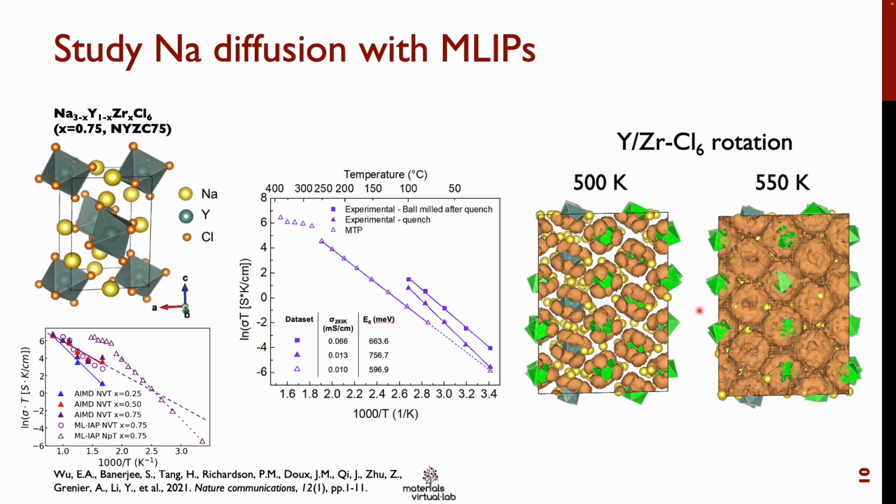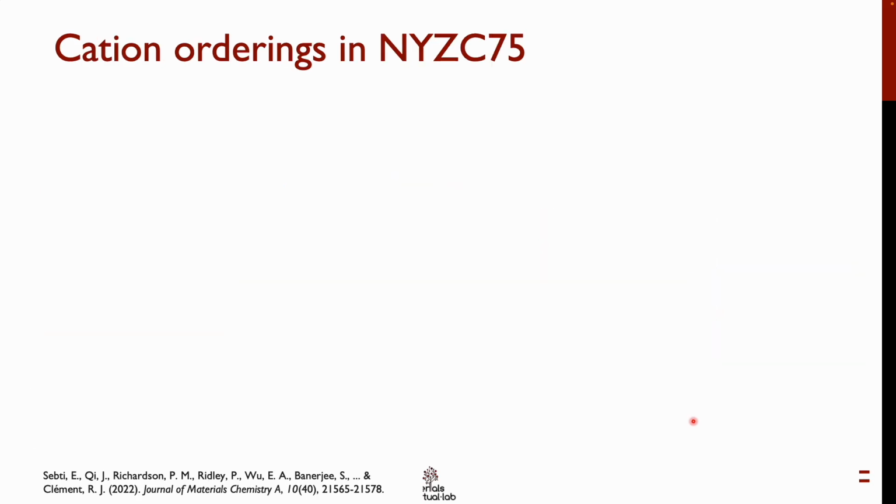It's actually like a paddle wheel effect during the dynamics of the chlorine surrounding the yttrium and zirconium cations. So for this NYZC system, there are actually a lot of things that we didn't understand back then.